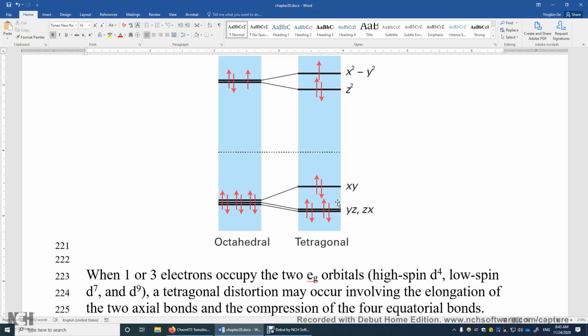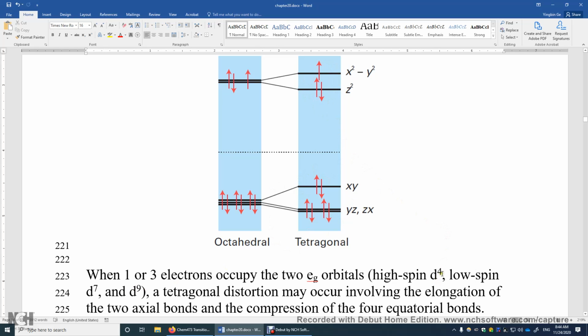In the high spin case of D7 electron configuration, the Jahn-Teller effect is less significant than if you have a low spin electronic state with a D7 electron configuration. All right, so that's why for this D7 we have to specify it's a low spin case. D9, that's easy. If you have D9, you have to put 6 electrons here and 3 electrons in these 2 orbitals.